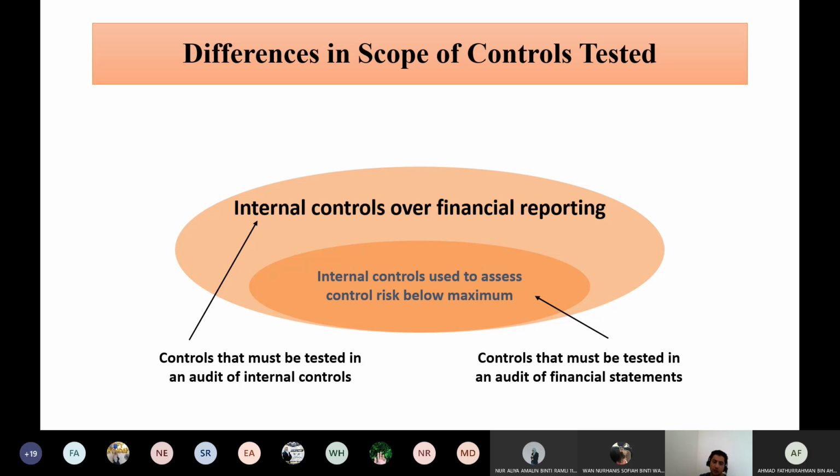When the auditor tests internal control, he needs to go through a wider range of testing of internal control over financial reporting in general. But when we audit the financial statement, we need to test the internal control used to assess control risk below the maximum.